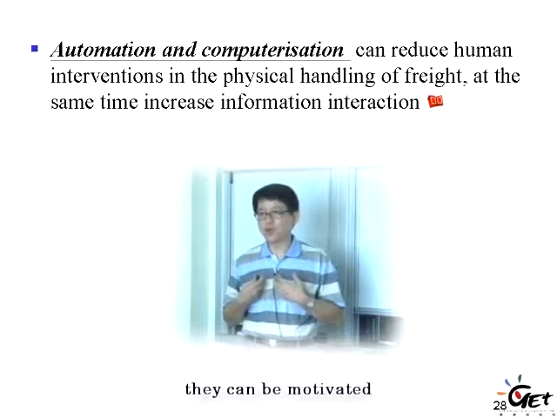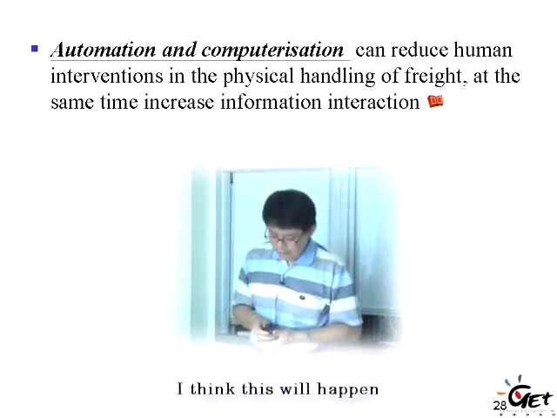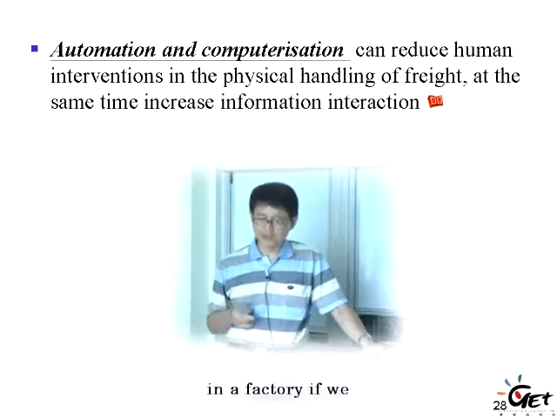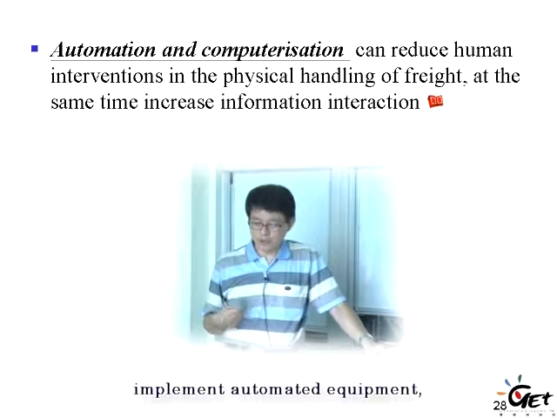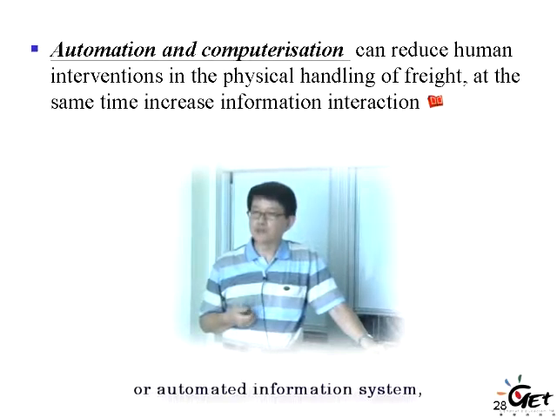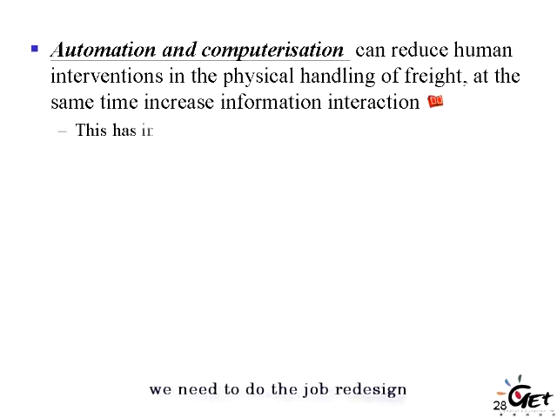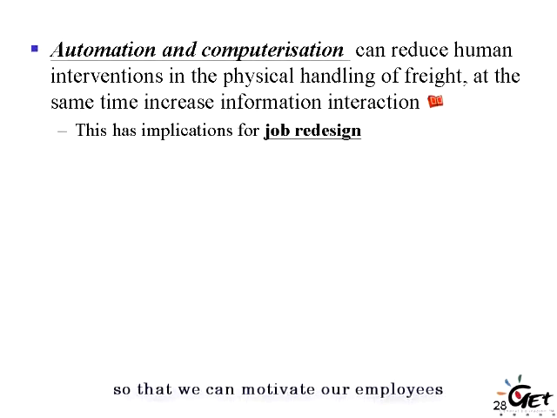They can be motivated. I think this happens not just in the warehouse but also in the factory. If we implement automated equipment or an automated information system, we still need to do the same thing. We need to do job redesign so that we can motivate our employees.